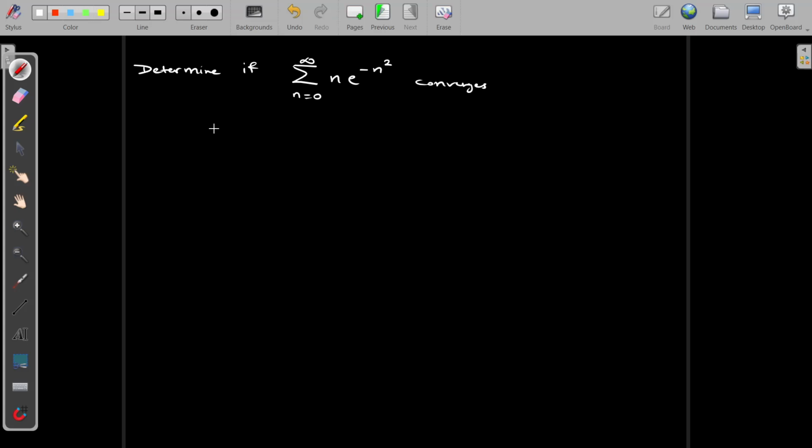All right, so the first thing is, let f of x be equal to whatever we're given to find the sum of.